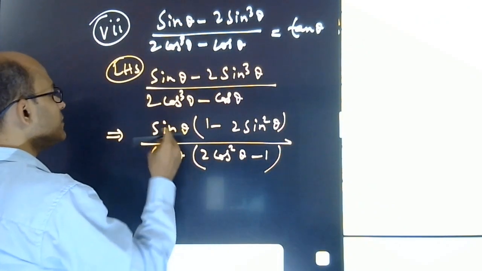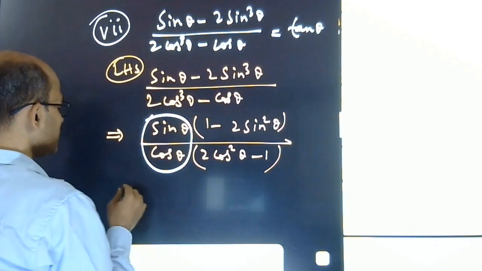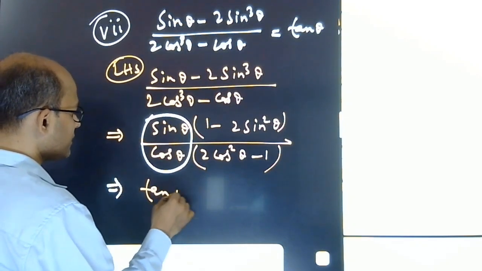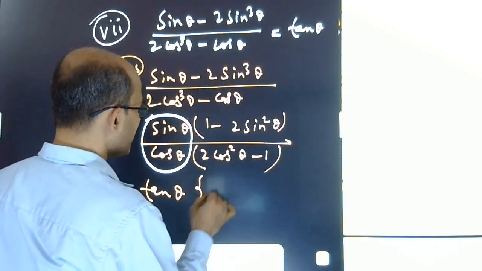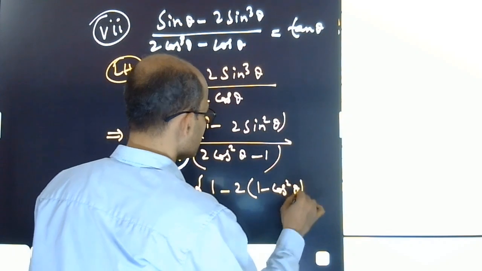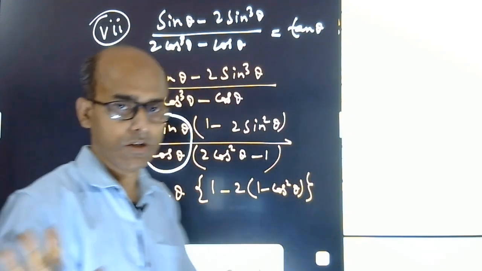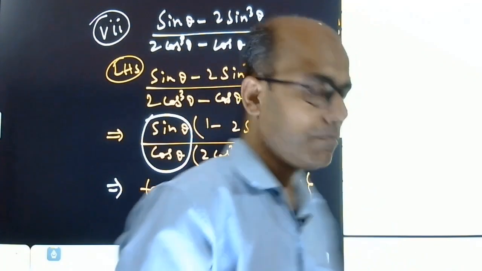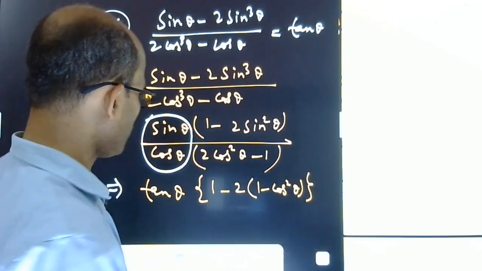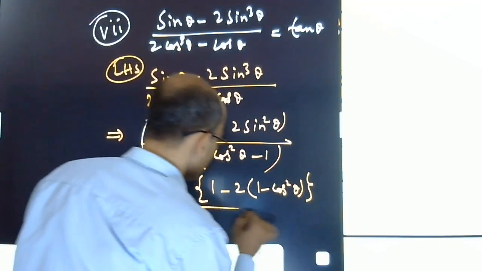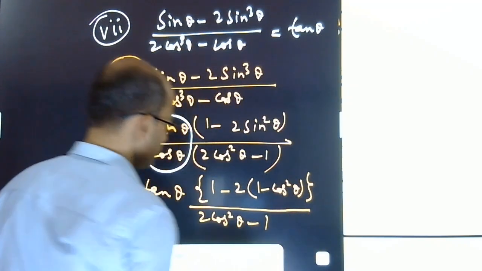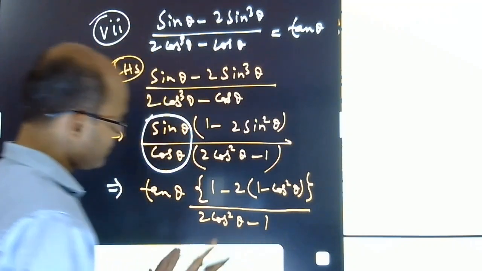So this will become tan theta, and in the bracket 1 minus 2 times (1 minus cos square theta). It is very well known that sine square theta can be written as 1 minus cos square theta. In the denominator we are not required to change anything; that will remain the same.